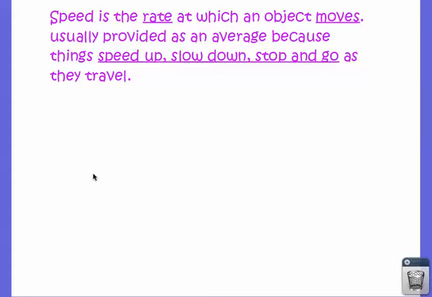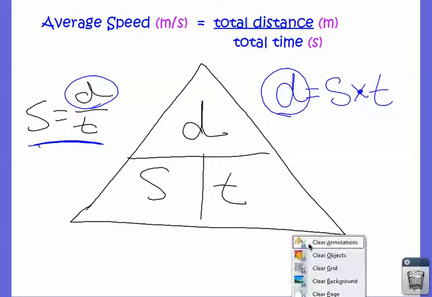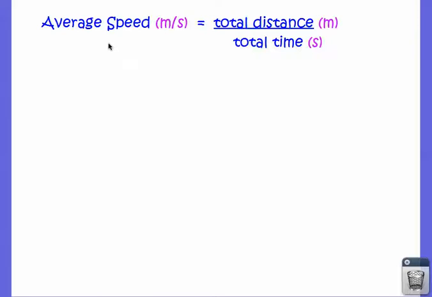We're going to be looking at average speed, and we can calculate average speed by taking the total distance traveled divided by the total time it takes for the object to travel that distance. We know some of these SI units. The SI unit for distance is meters, and the SI unit for time is seconds.